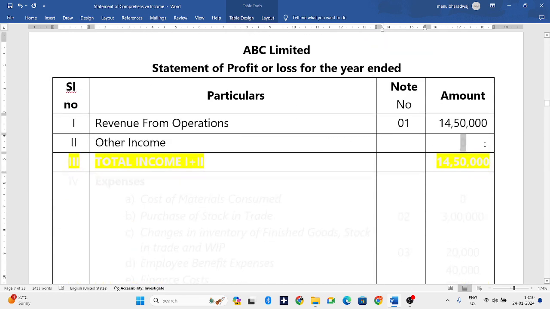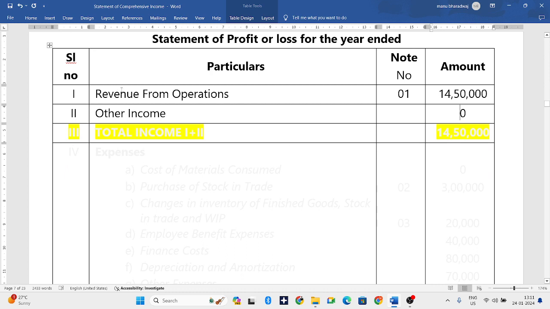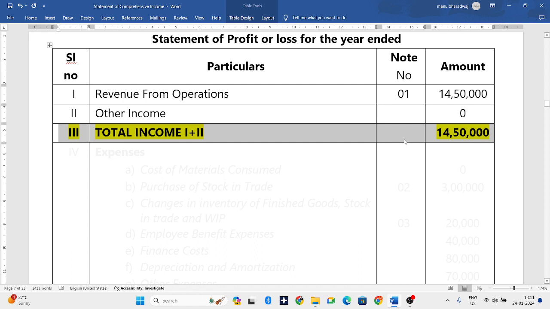So when they have not given it, consider it as 0. Next, if you add revenue from operations and other income, you will get total income. So total income: 14 lakh 50,000 plus other income 0. When you add both, you will get 14 lakh 50,000.